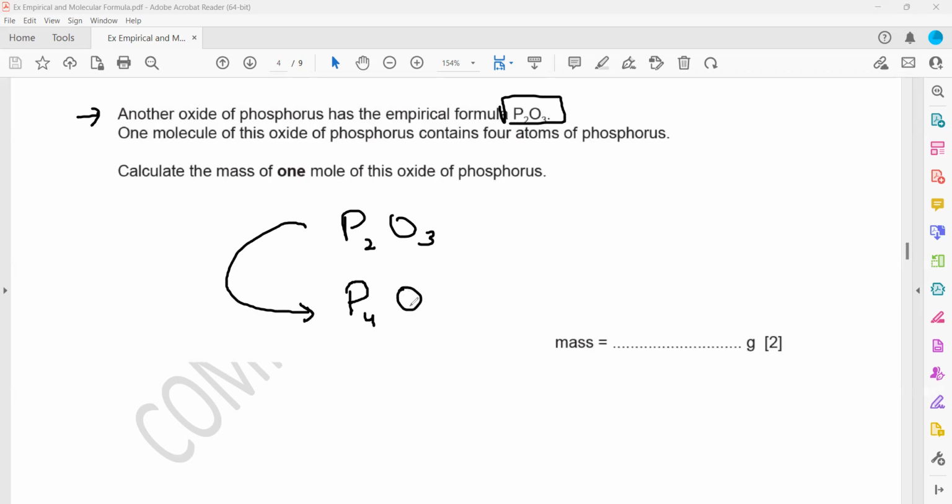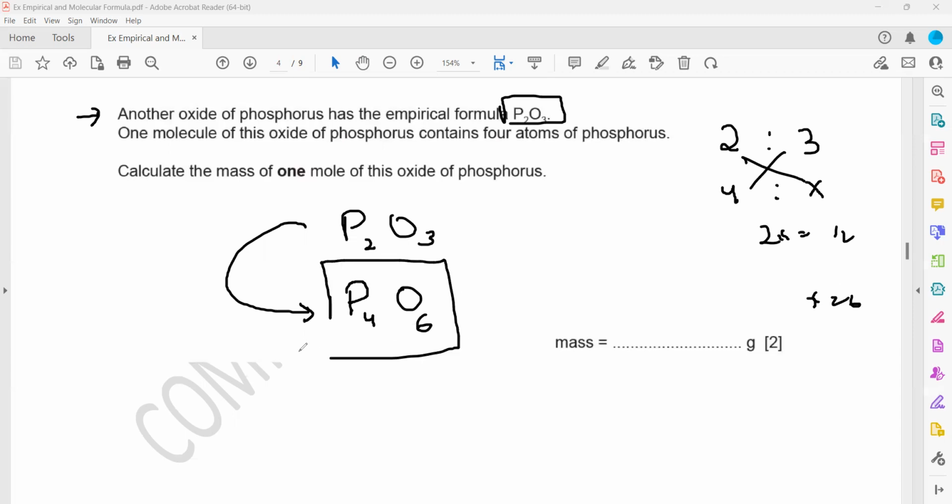So if it has 4 phosphorus, how many oxygen should be there? We want to keep the ratio as 2:3. So 4 phosphorus, x oxygen. We cross multiply, so 2x equals 12, or x equals 6. So there should be 6 oxygen if there are 4 phosphorus. And then find the formula mass of P4O6, which is about 220.